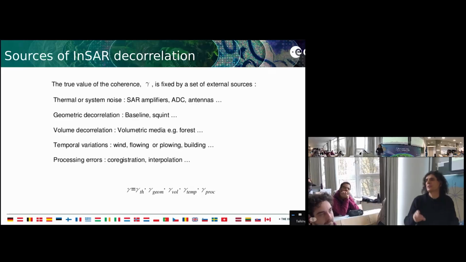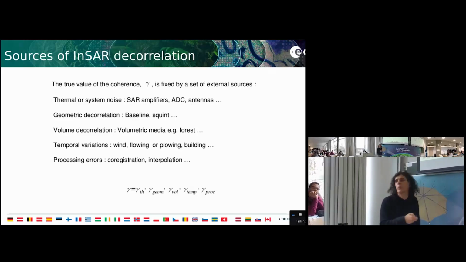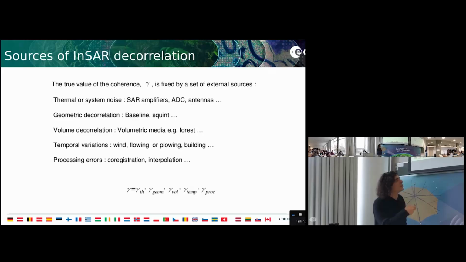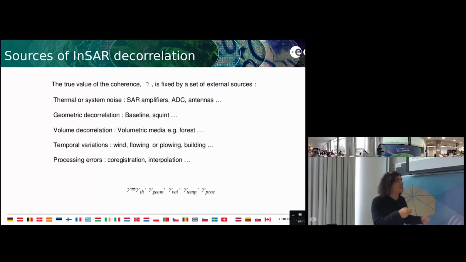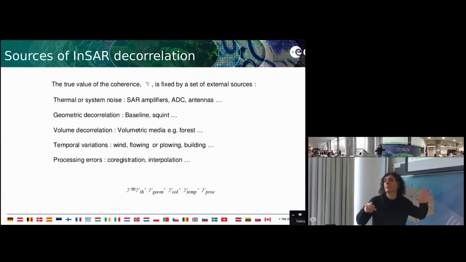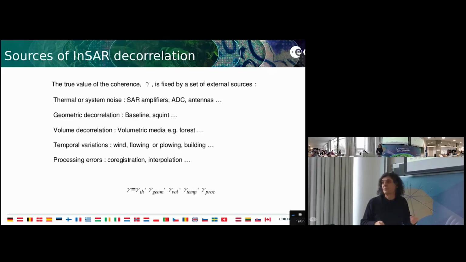And after processing, the true correlation is 0.7. Since this is a product and all of these terms have a modulus which is lower or equal to 1, if at one stage you get a very low coherence, the overall coherence will be low. Okay? This is why, if you want to perform SAR interferometry, you need to be excellent. You need to be very, very good at all the processing stages.